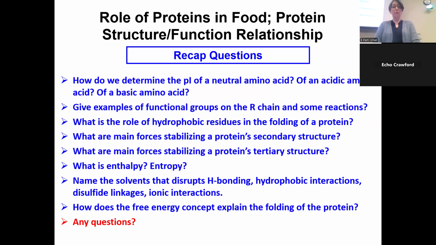Okay, so do you remember we talked about the role of hydrophobic residues? Do you remember in the folding, what happens when in the cell you have the amino acid chain? And then what happens? The hydrophobic residues in this chain, how do they play a role in folding?